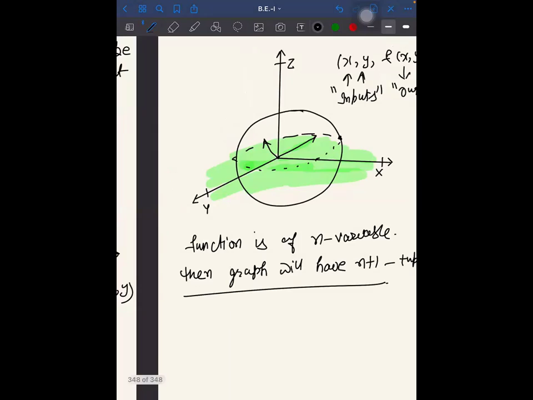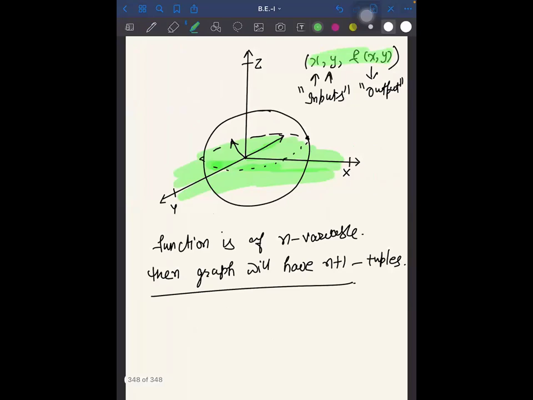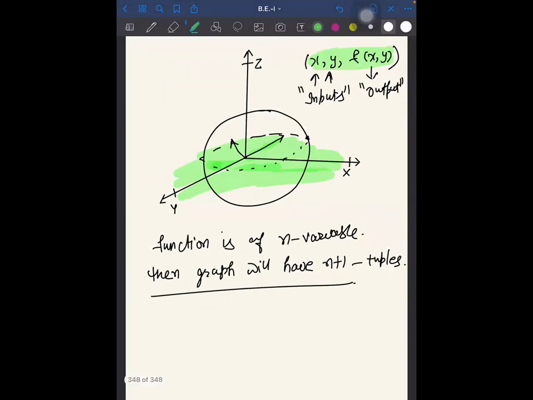So let's say we have 2 variables, then we have 3 tuples in the graph. If we have 1 variable, then we'll have 2 tuples. Similarly, if we have n variables, then we'll have n plus 1 tuples.